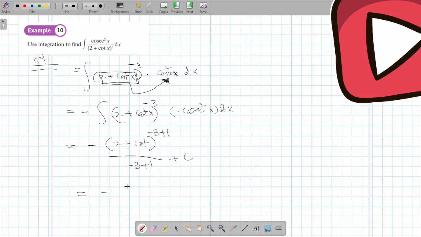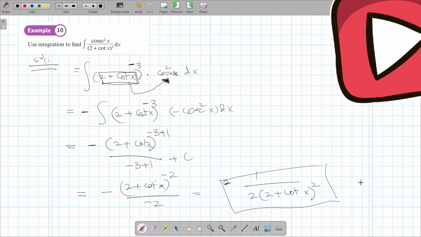So this will be 2 plus cot x whole power negative 2 divided by minus 2, and this will be plus. So the answer should be 1 upon 2 times, let's take the whole to the denominator, and this is the answer.